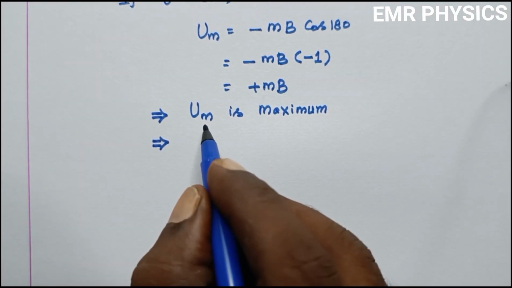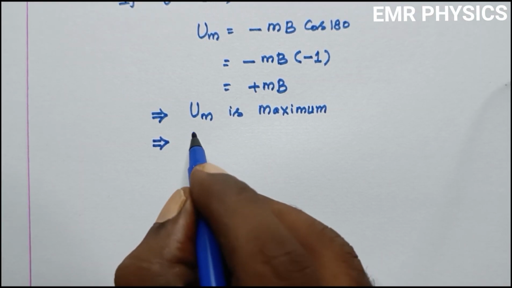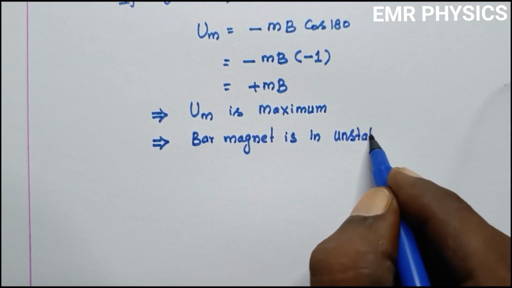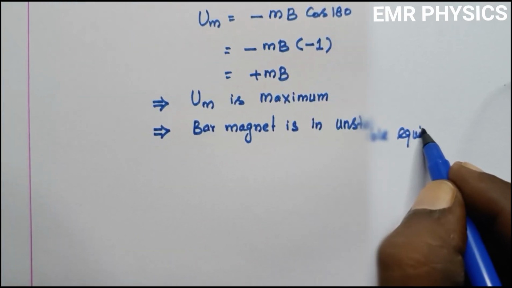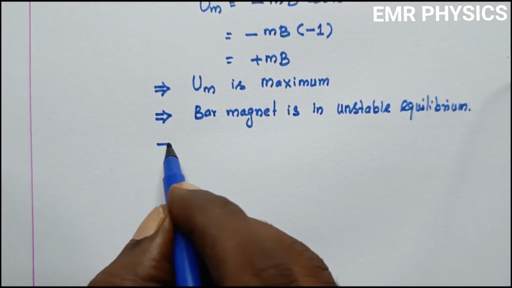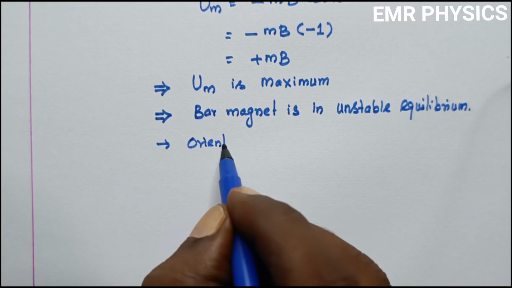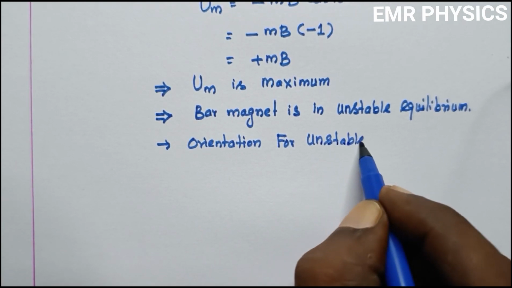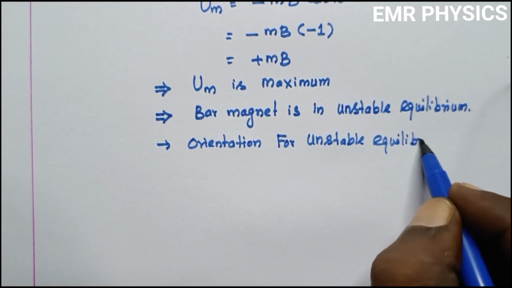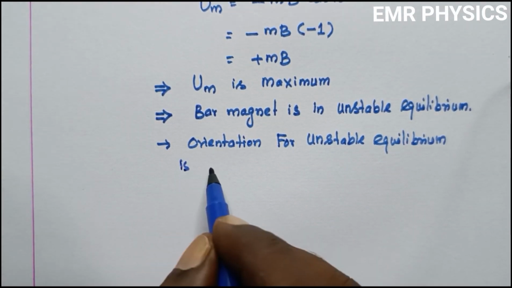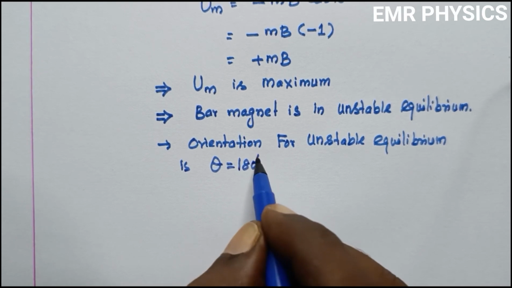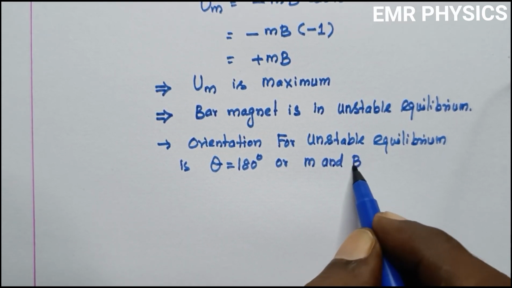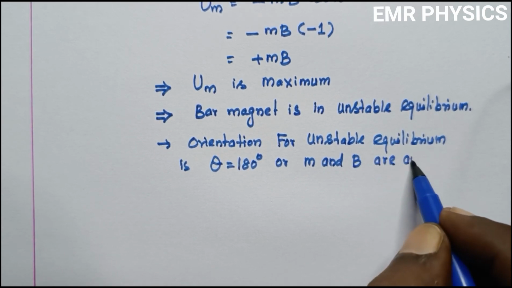If the potential energy is maximum, then the bar magnet is in unstable equilibrium. So, we can write the answer: the orientation for unstable equilibrium is theta equal to 180 degree, or we can say that M and B are anti-parallel.